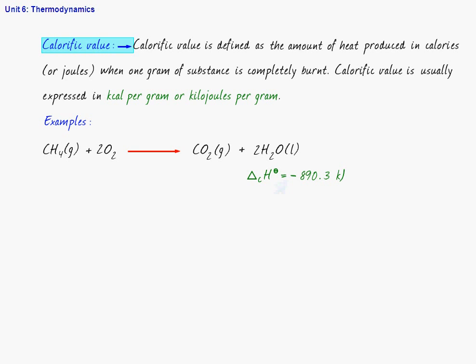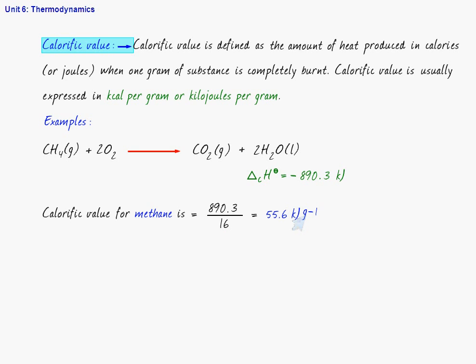So what is the calorific value? Calorific value is for per gram. So the calorific value for methane is 890.3 divided by 16, and that is equal to 55.6 kilojoule. So 55.6 kilojoule of energy is released per gram of methane.